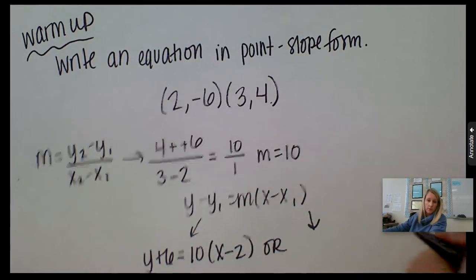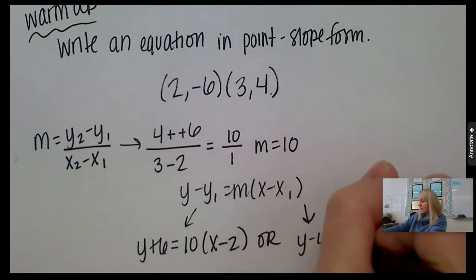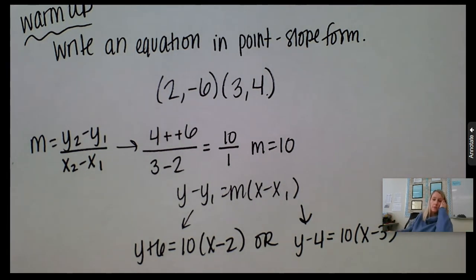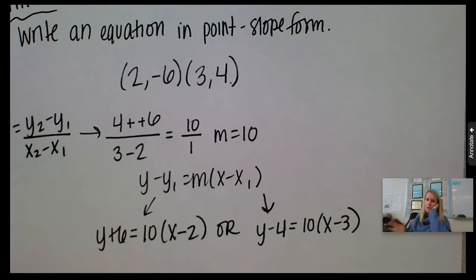Or with the second point, y minus 4 equals 10 parentheses x minus 3. And that would be your final answer. Either of those, you don't need to write both of them. I'm just writing both in case you wrote one or the other. It's just preference. I usually pick the first one out of habit, but it doesn't matter.